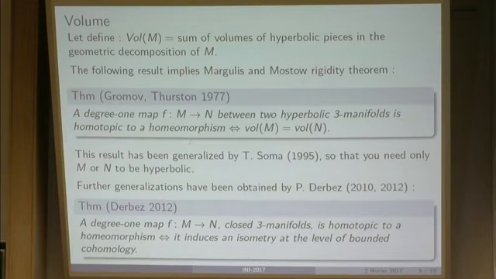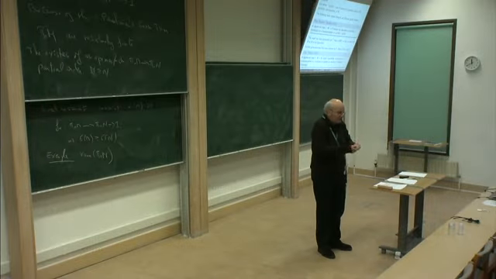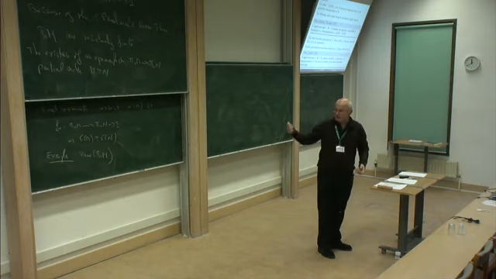If you have a degree 1 map between two hyperbolic manifolds, it will be homotopic to a homeomorphism if and only if they have the same volume. So in some sense, it's a wonderful result, but it's not really what we want, because here the condition that they have the same volume does not involve f. It just says, if M is bigger or equal to N and they have the same volume, it must be N.